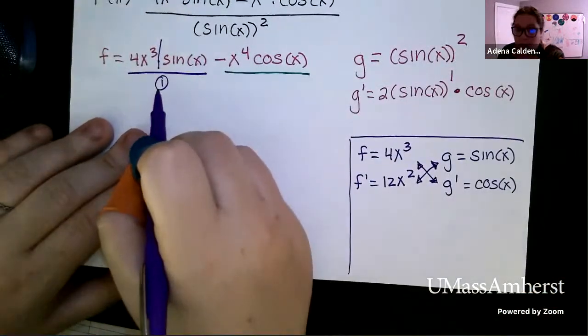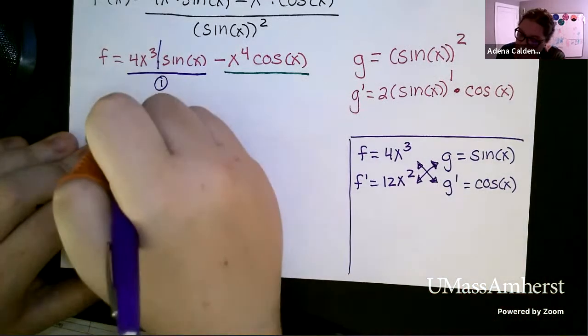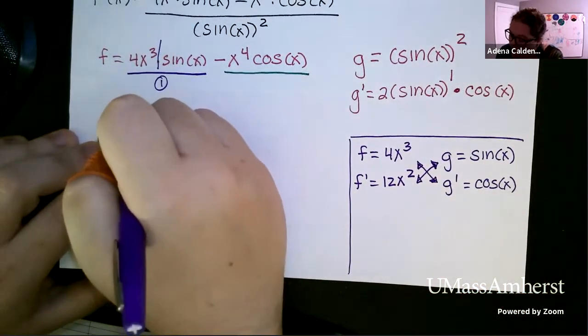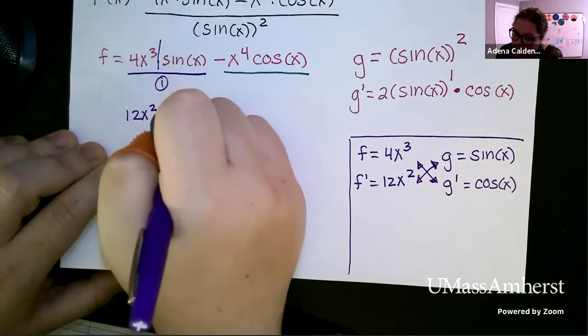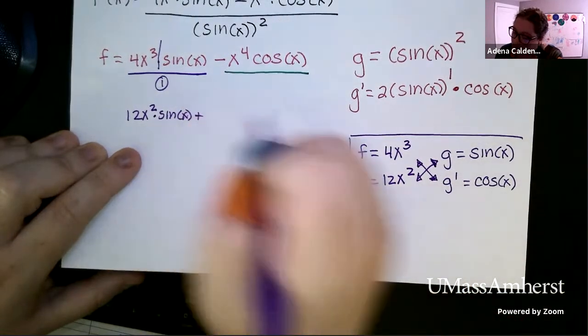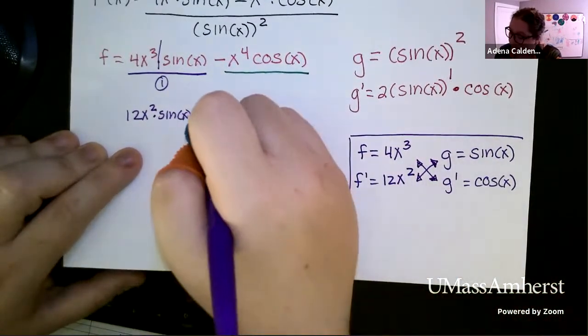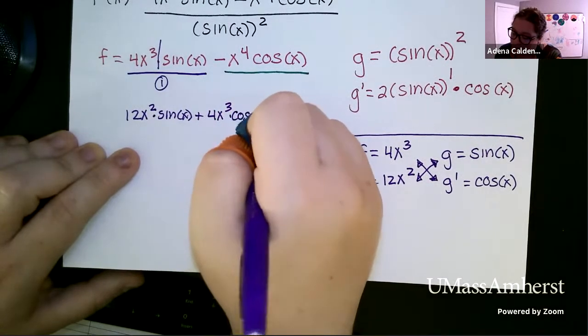So for this first part, f prime times g is going to give me 12x squared times sine x plus g prime times f, so 4x cubed times cosine of x.